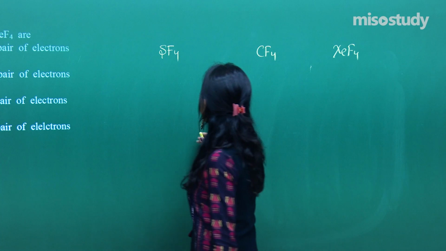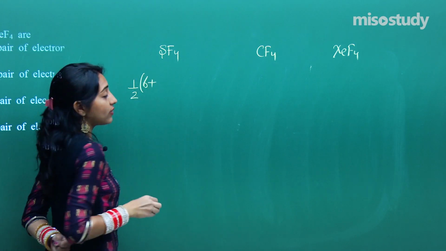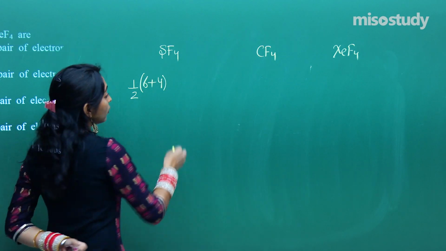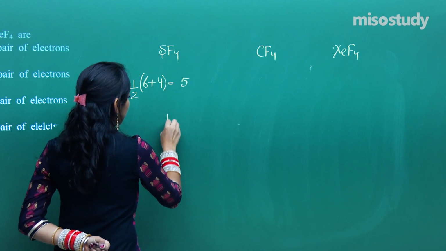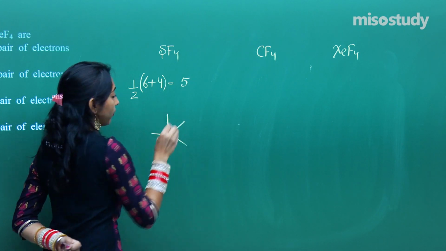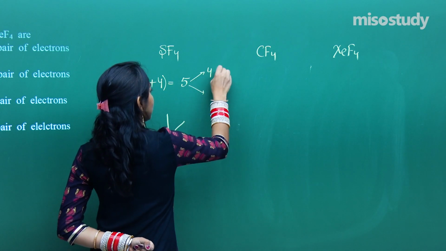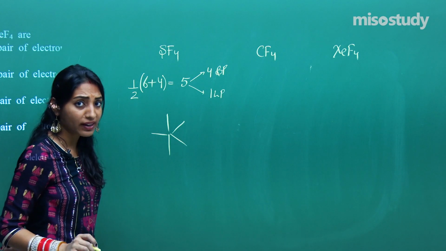So now we have SF4, half. The number of valence electrons of the central atom is 6, plus the number of atoms attached by single bond, which are 4, making a total of 10, by 2, which is 5. 5 means 1, 2, 3, 4, 5, right? Out of 5, 4 are bond pairs and 1 will be a lone pair, right?